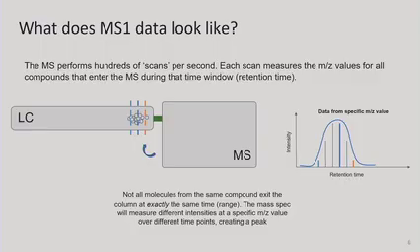MS data includes MS1 and MS2. Here I would like to emphasize the MS1 data, because in MetaboAnalyst 5.0 we mainly focus on MS1 data processing. In the MS data, we get the compounds eluted from the column.